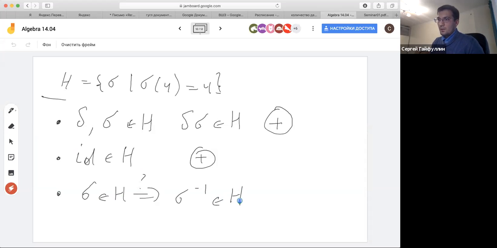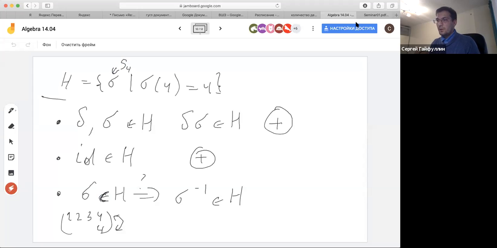Okay, how do we obtain the inverse element? We need just to transpose these 2 rows: the first row becomes the second. And what is sigma? Sigma is just an element of H here, or maybe here this is sigma in S4.